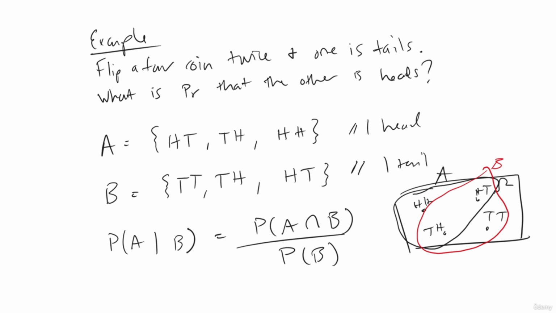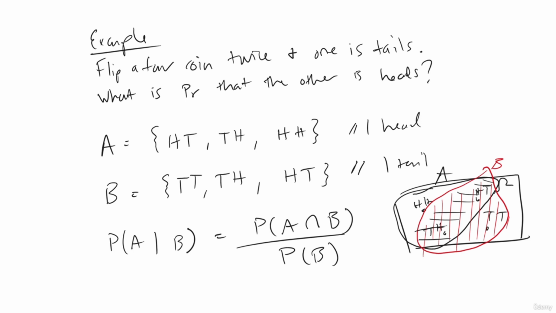And the probability that A happened given that we're in B, so we know we're in B. We live here. This happened. We know a tail has occurred. What is the probability that A has also occurred? Well, the only portion of A that actually exists in B is this portion right here where a head actually occurred.